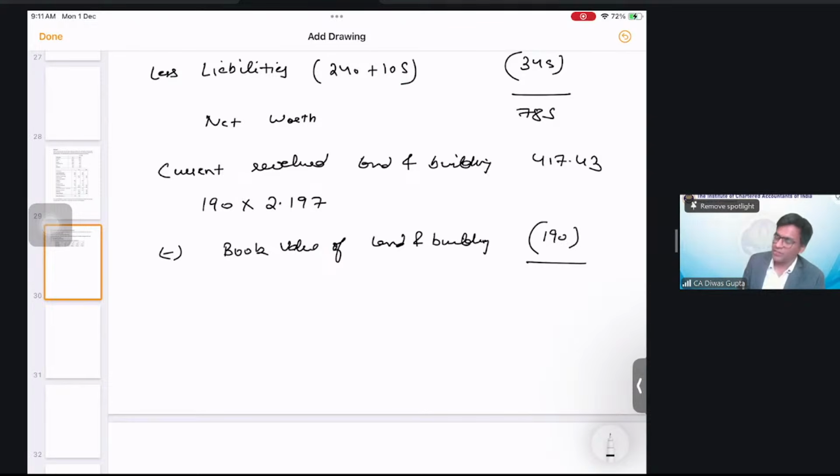So the incremental benefit because of the revaluation is 227.43.